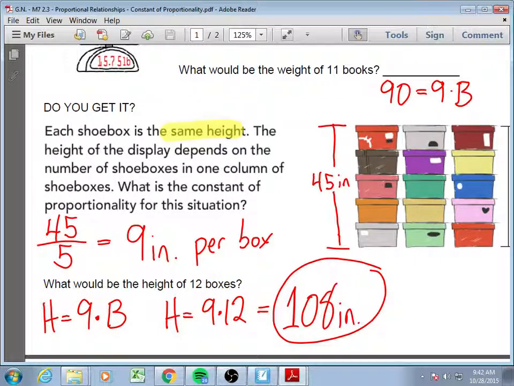This gets a little further than we are right now, but in our equation solving, we look at the fact that this is held together by multiplication. So we would just divide by 9 on both sides, and you get that the number of boxes would have to be 10, because 90 divided by 9 gives you 10. Exactly. Inverse operations to solve our equations.